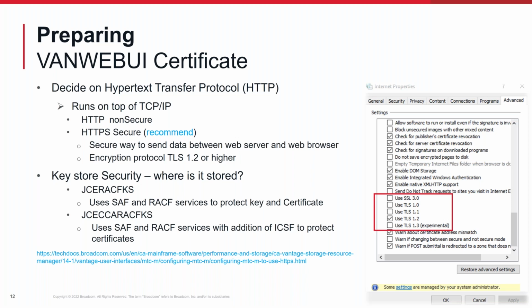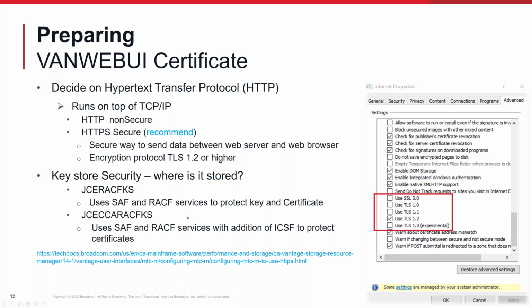So when you go to your advanced, you just scroll down to the bottom, then you'll see all your TLS availability. And then another thing we need to know is when you do use a certificate, where is it stored? So there's two places: JCE RACF KS, and then JCE CCA RACF KS.